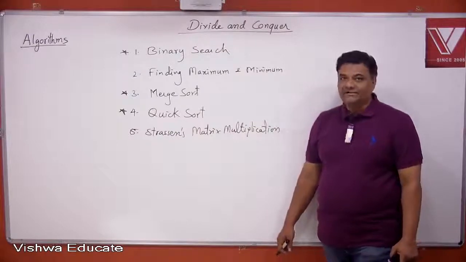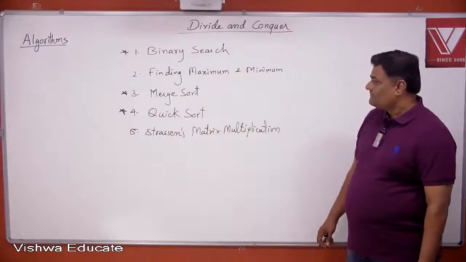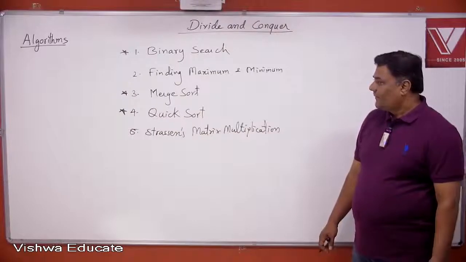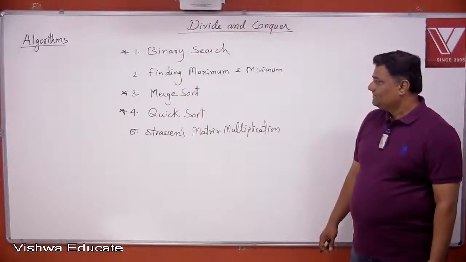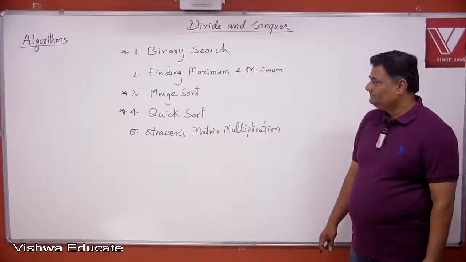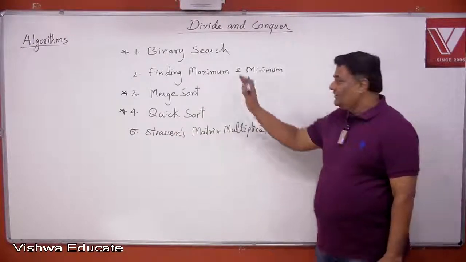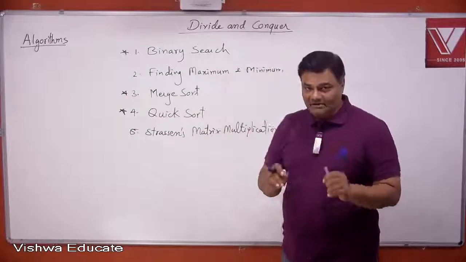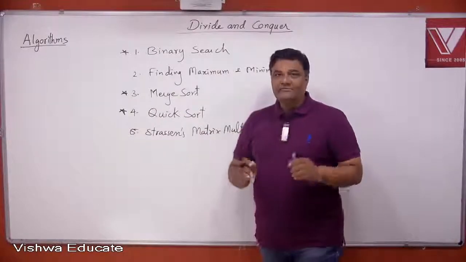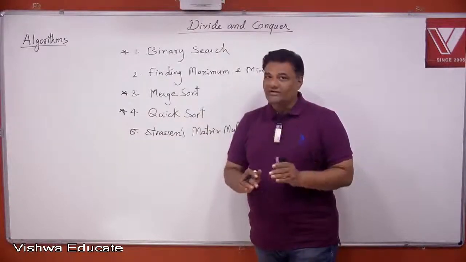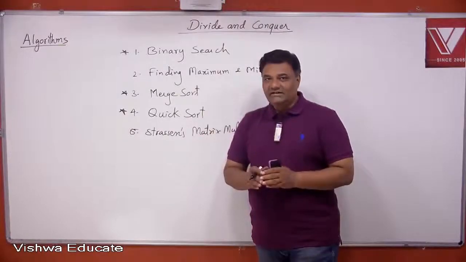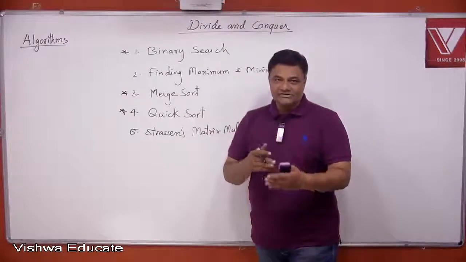But I'll start with binary search. Alright, we are going to learn these things, but before learning them, we should learn one more topic. So that topic I will start along with binary search, right?